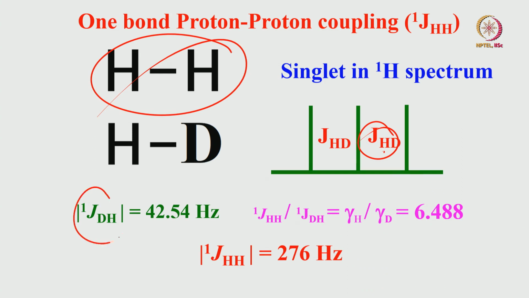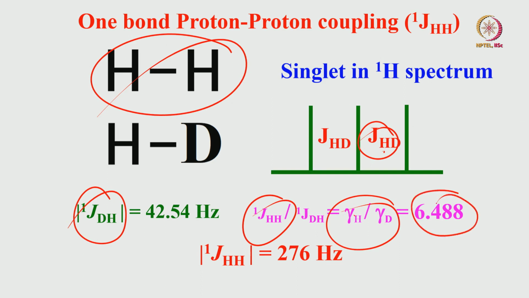If I know J coupling between proton and deuterium, I can get the coupling JHH by using the ratio of the gyromagnetic ratios. For example, the proton to deuterium gyromagnetic ratio is 6.488, approximately 6.5 times. If I know this ratio, this is the equation which relates the coupling between HD and HH.